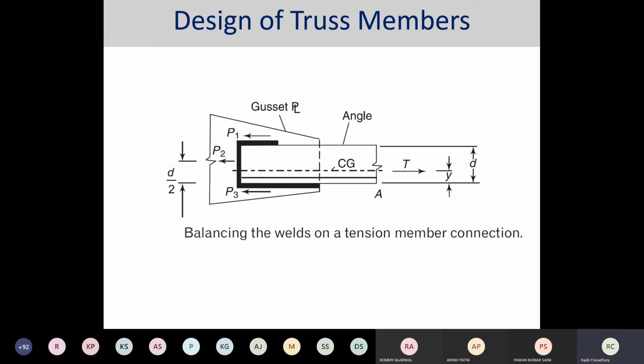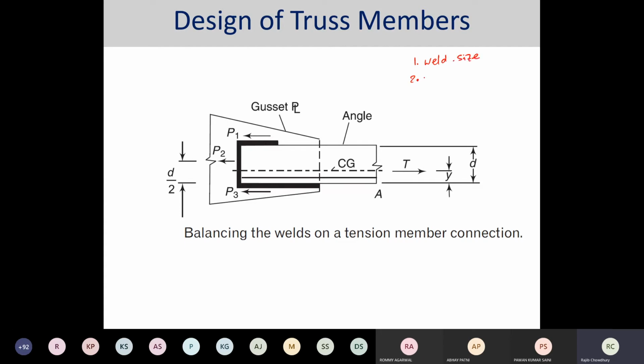Now, when we come to the design of the truss member, the design of the truss member in the welded connection has three different components. What are the different components? First one is the weld size.